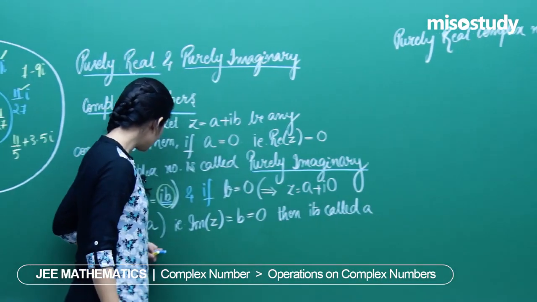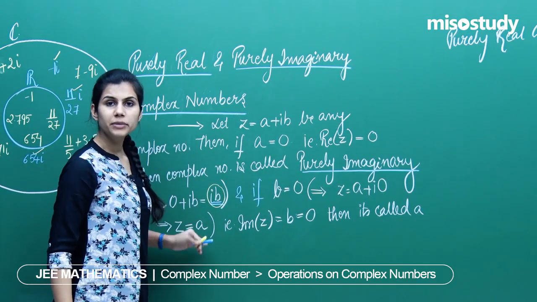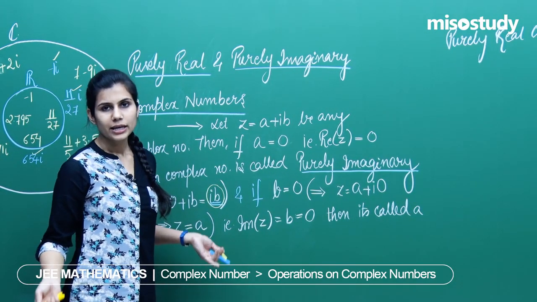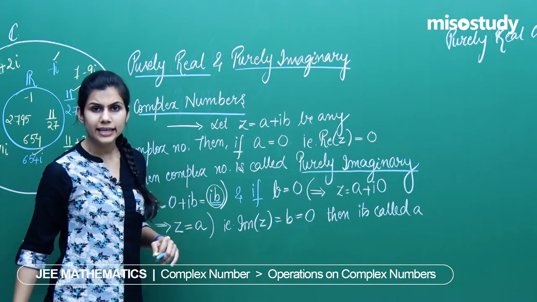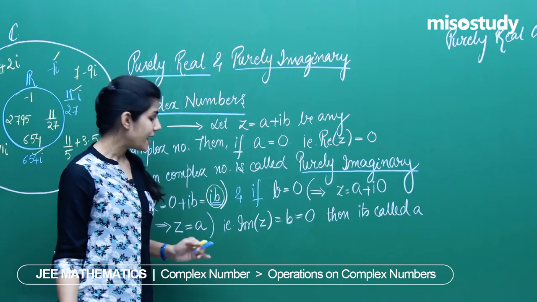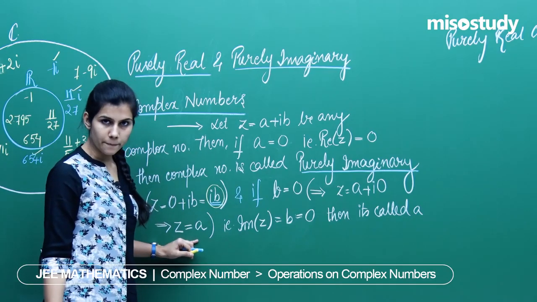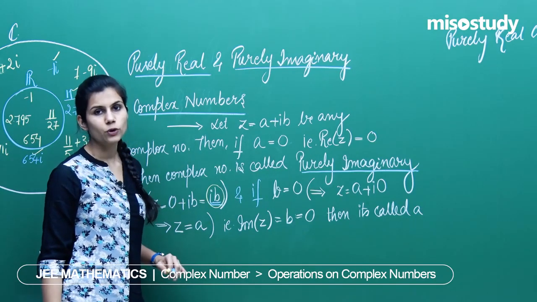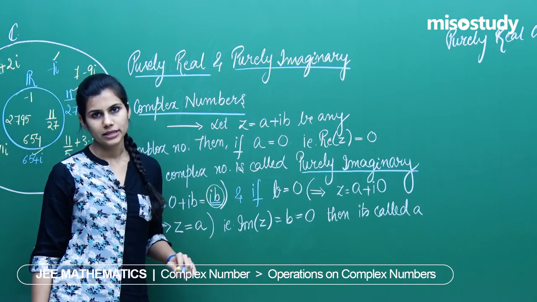Because then z is just equal to a real number, there is no imaginary part. Imaginary part vanishes, it becomes 0, and therefore z just turns out to be a real number. And that is why such complex numbers with imaginary part 0 are known as purely real complex numbers.